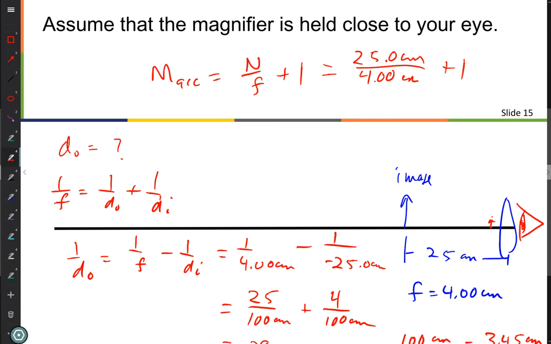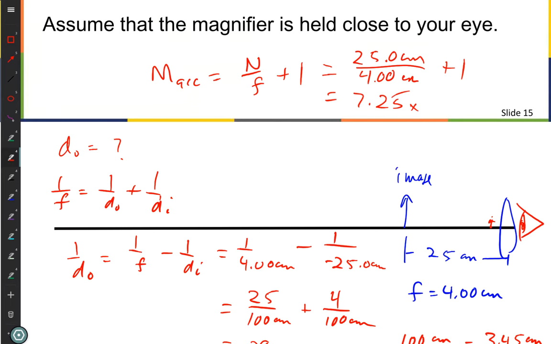So 25 over 4 is 6.25. Add 1, 7.25. And we put a little x there for times. So the angular magnification is 7.25 times. That means the size of the things we see are 7.25 times bigger angles with this simple magnifier.